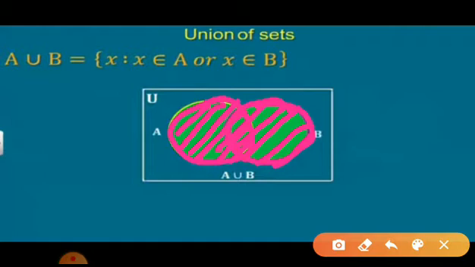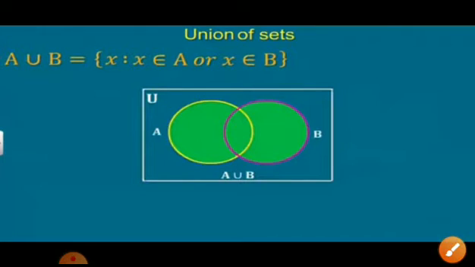So elements of set A as well as the elements of set B combine together to form your union of two sets, and hence the shaded portion with your green part is the region for union of two sets. Elements of A as well as the elements of B. Clear how your union of two sets will be represented using the Venn diagram?